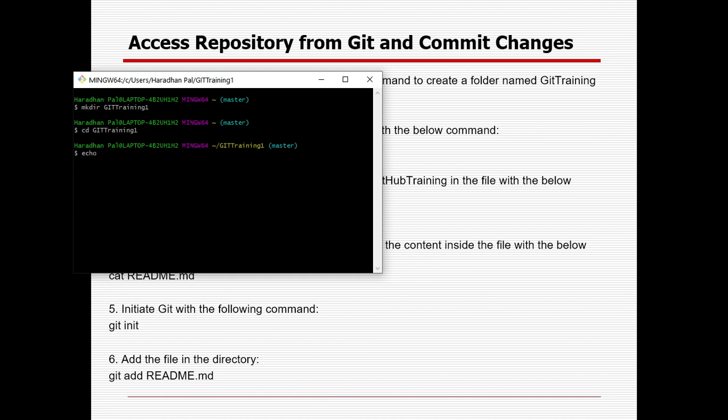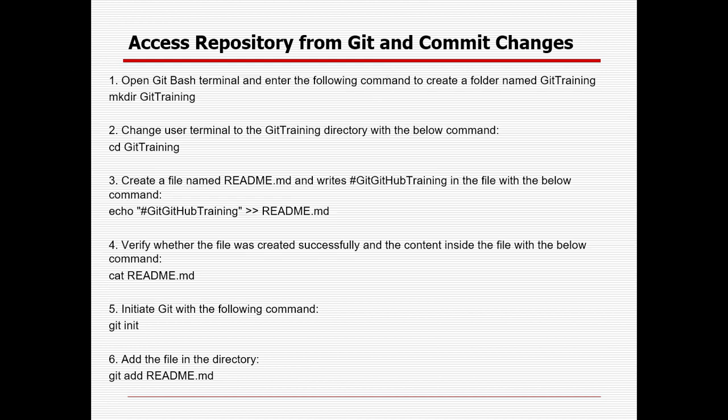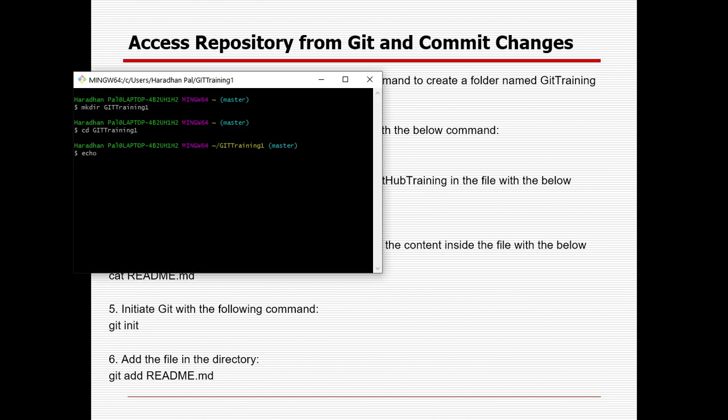It will create the file, whatever file name you are giving, and you can also enter the content instantly. Echo and then double quotes, and here I will give a hash and the content. Suppose I want to enter git crash course training.